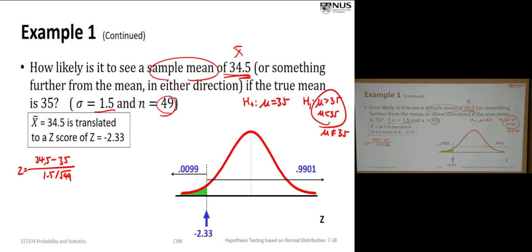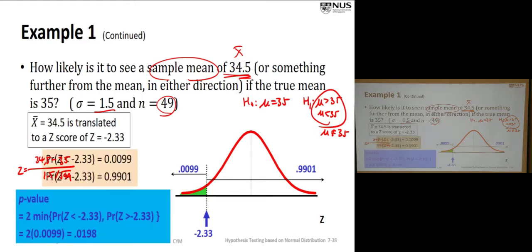In order to compute the p-value, we take the minimum of the two and multiply by 2. So the p-value is 2 times 0.0099, about 2%. That's the p-value for the two-side alternative.